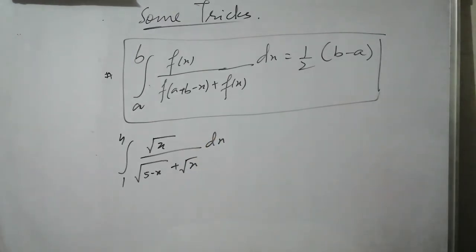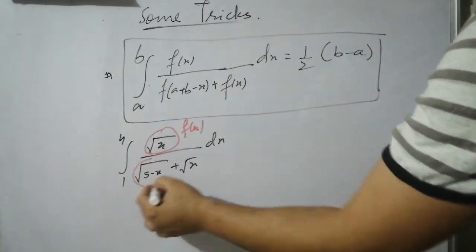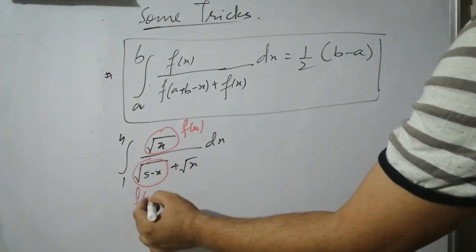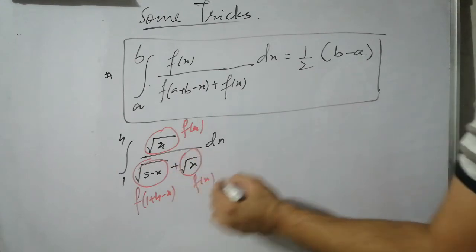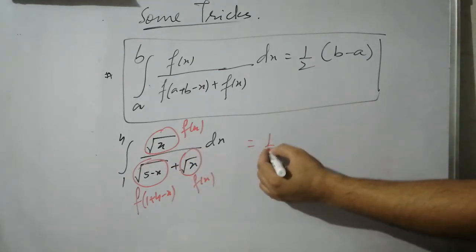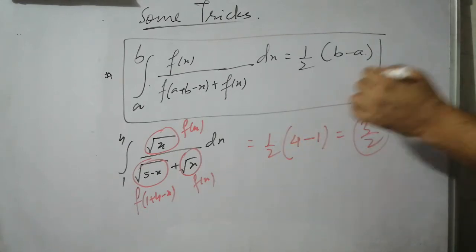So if you look at this, what is f of x? This is f of a plus b minus x, and this is f of x. Answer will be half of upper limit minus lower limit, that is 3 by 2.